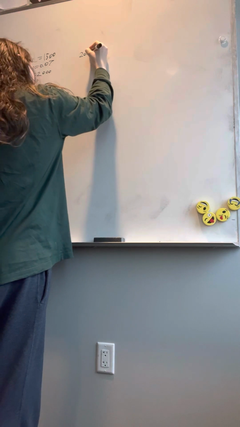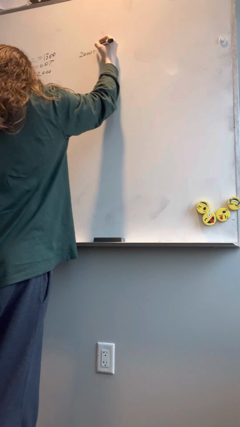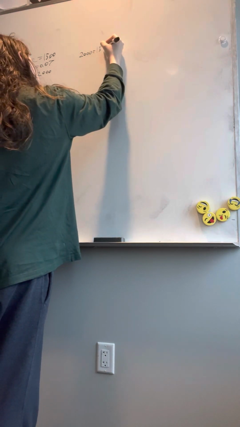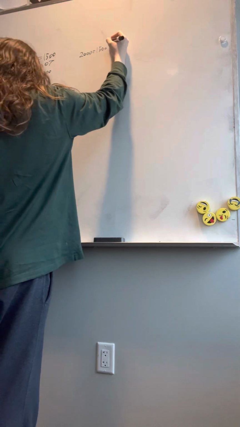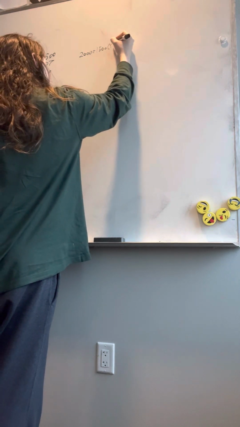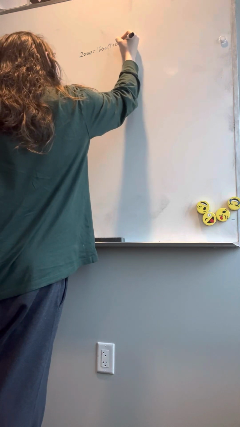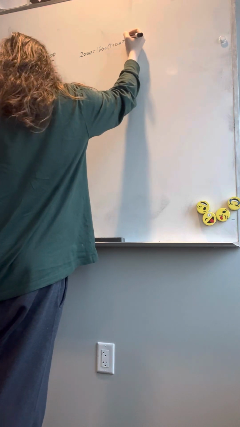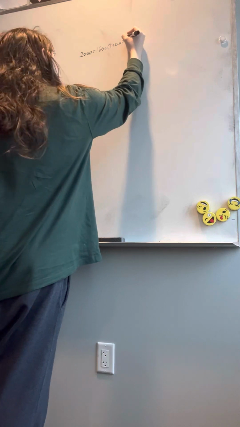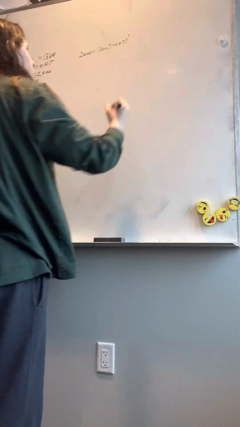That got me 2,000 equals 15,000 times 1 plus 0.07t.